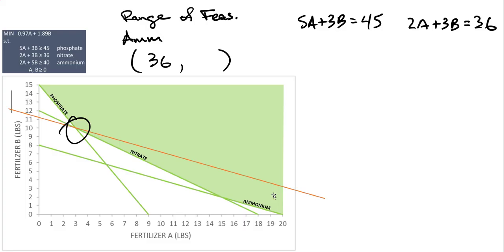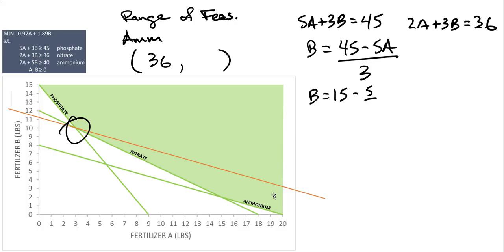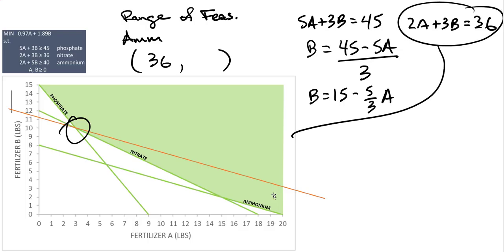I'm going to choose to isolate for b in my first equation, which will give me eventually that b is equal to (45 minus 5a) over 3, or that b is equal to 15 minus 5/3 a. So now with that, I will sub that into my other equation, right? If I isolate in one equation, I have to sub into the other.